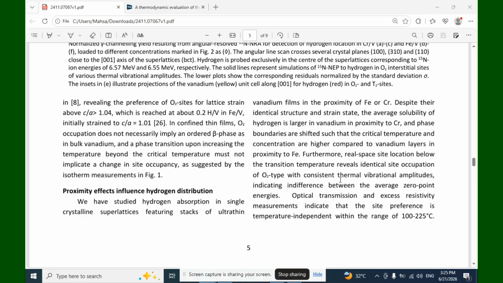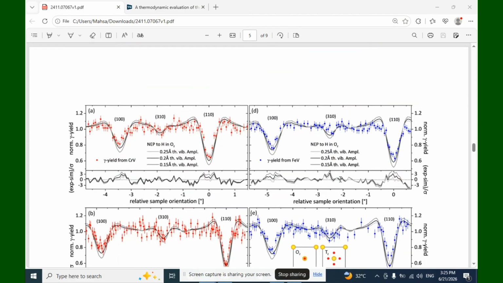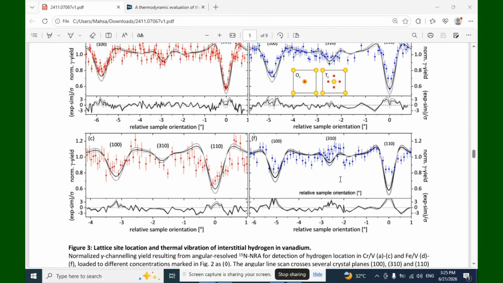Optical transmission and excess resistivity measurements indicate that the site preference is temperature independent within the range of 100 to 225 degrees Celsius. So you can see the three sections of figure 3.